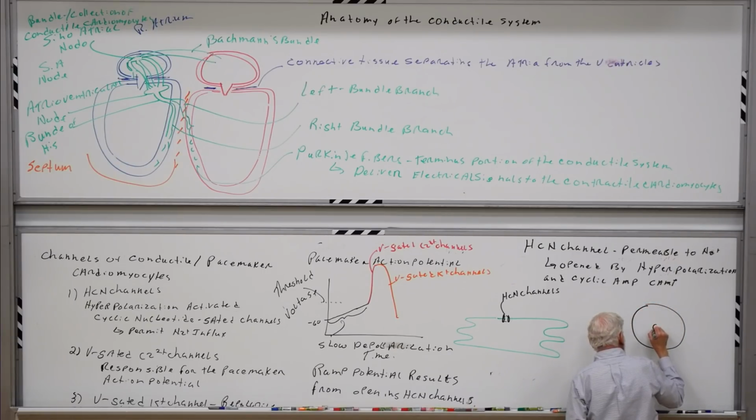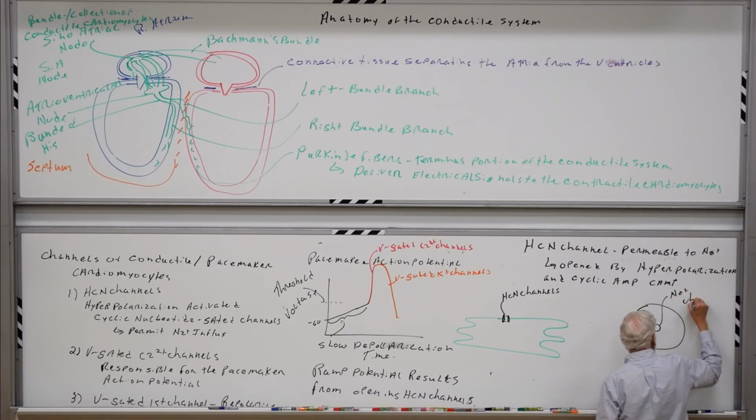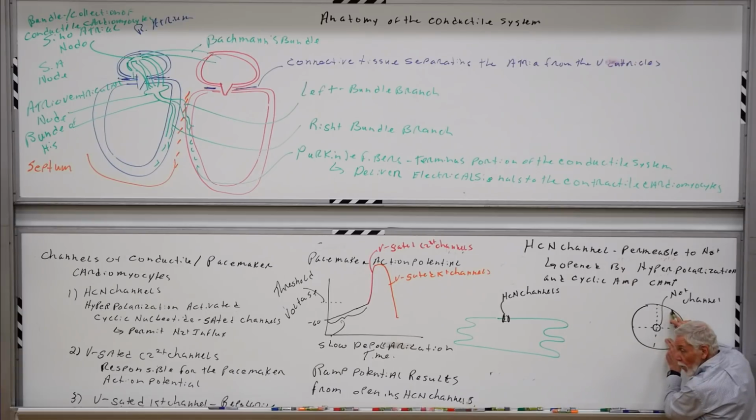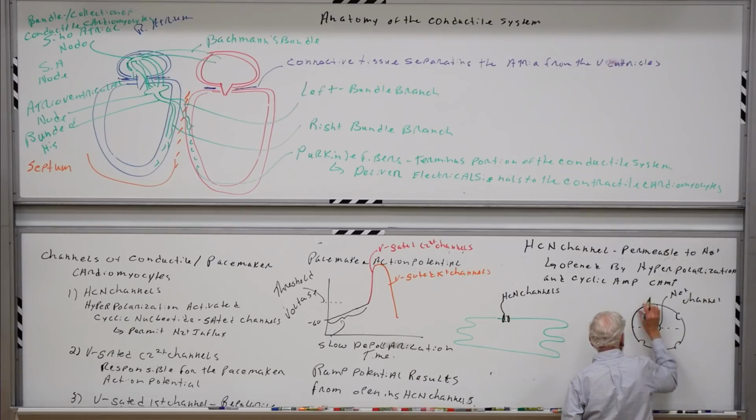They have a channel in the middle. This is a sodium channel. But we can diagrammatically represent this as being 4 different subunits. Each of the subunits contains a cAMP binding site.